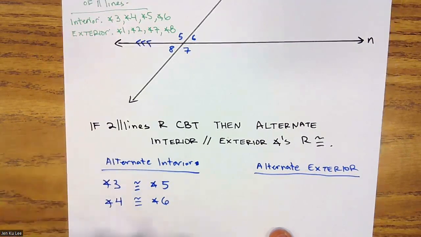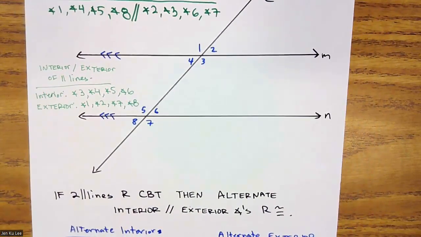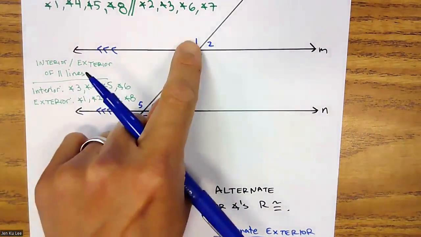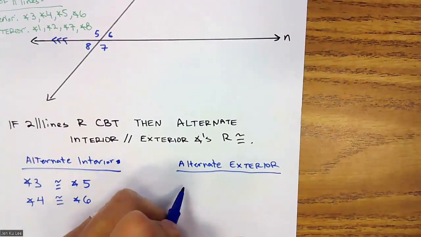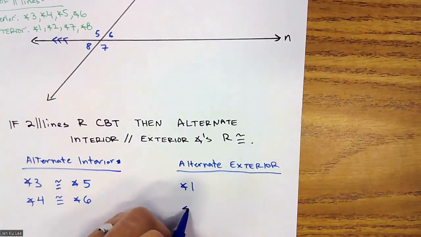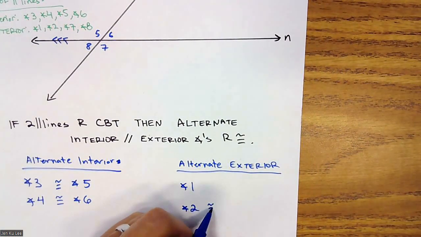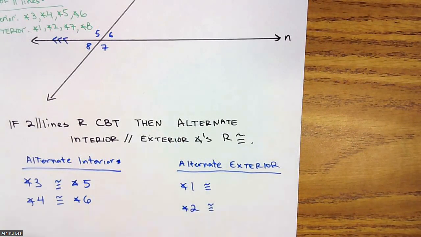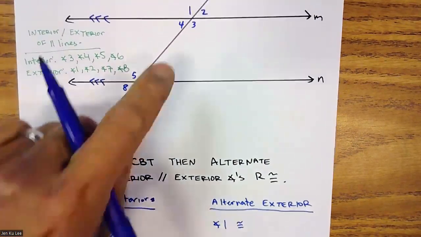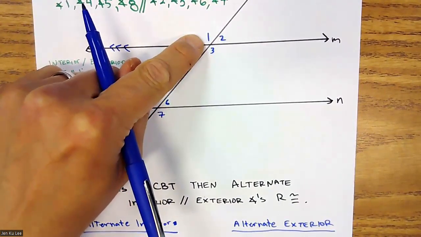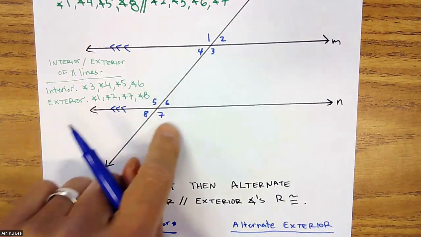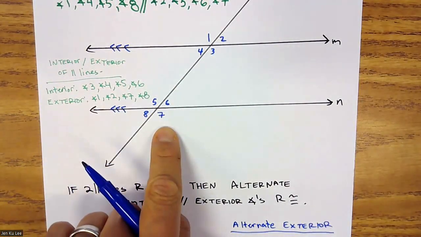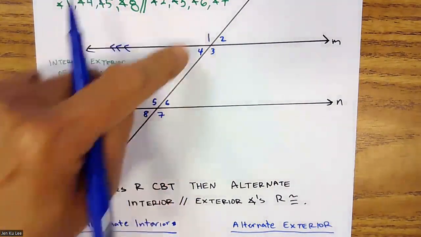Okay? Alternate exterior angles. If you take one exterior angle from this group, angle 1 and angle 2, I know that there are two relationships that I have to figure out. Angle 1 is alternate exterior to angle 7 from this group. Yeah? They're on alternating sides.